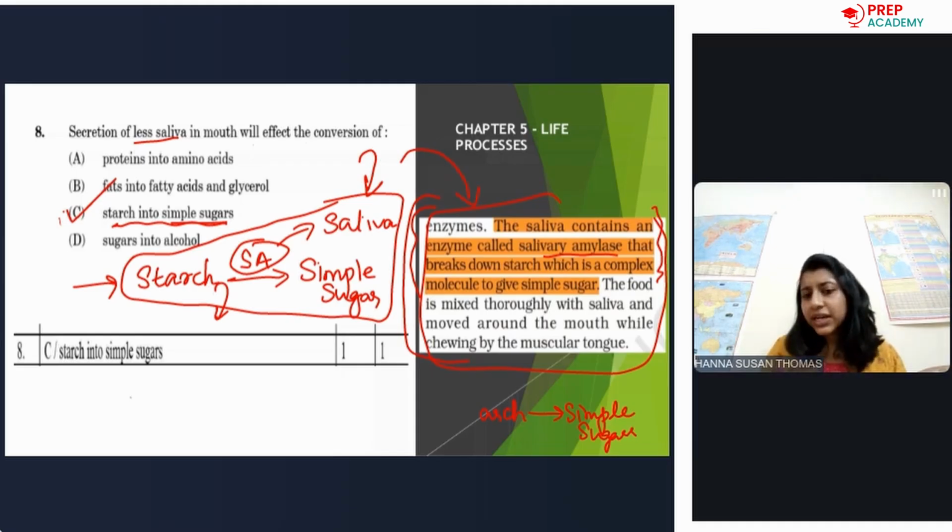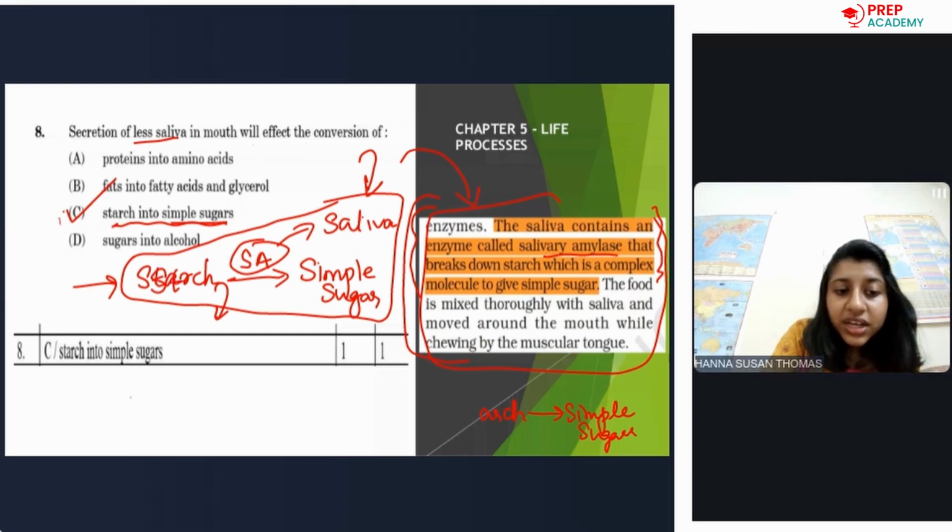So from this statement, what you can understand is that saliva contains an enzyme called salivary amylase, and this salivary amylase is necessary for the breakdown of starch into simple sugars.